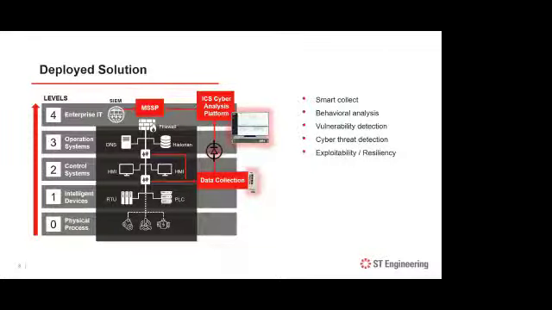This ICS cyber analysis platform is also known as the ICS, whereby it will do asset discovery, learn the behavior of the OT network, and also at the same time allow policy to be input into the system by the operators.